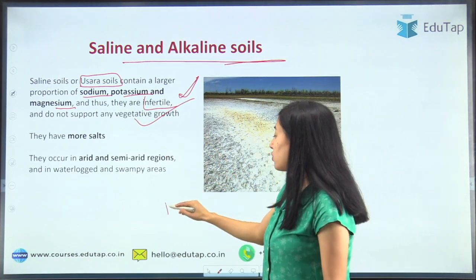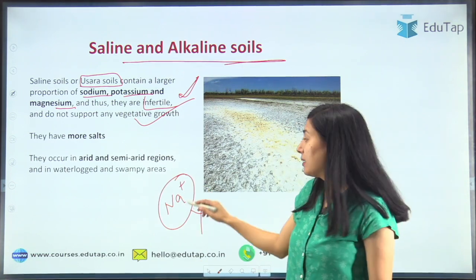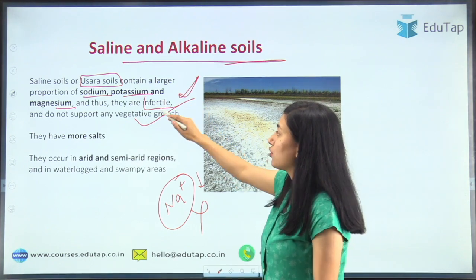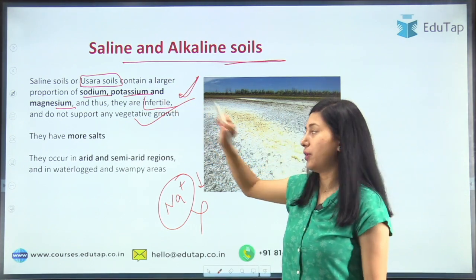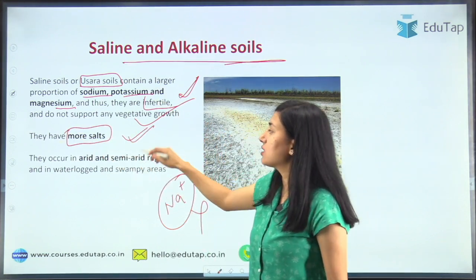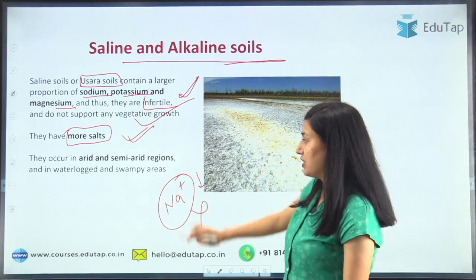Students, sodium is not good for your soil structure. It deteriorates your soil properties for crop production, so this type of soil is not suitable for crop production. Also, they have more salts, sodium salt, so they become unfit for any type of vegetation.